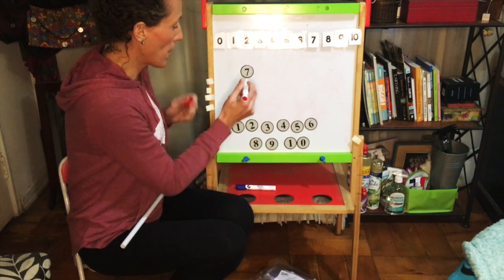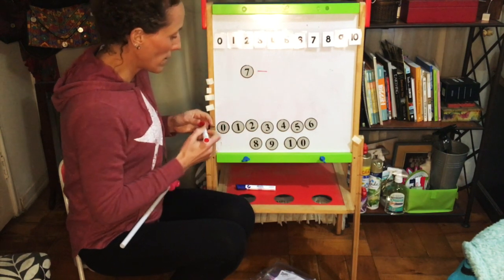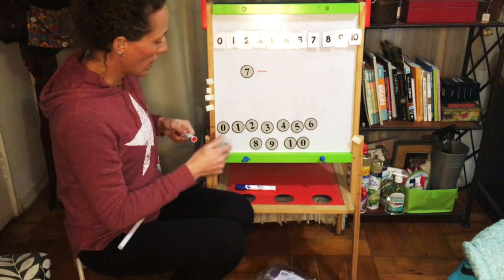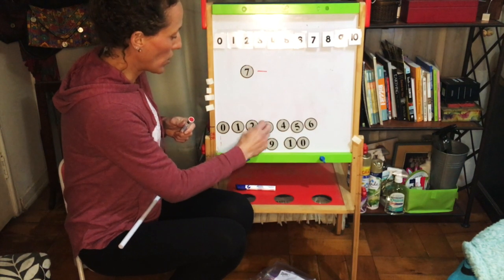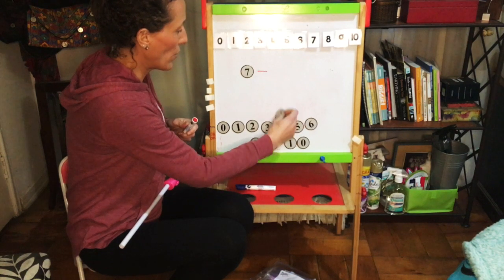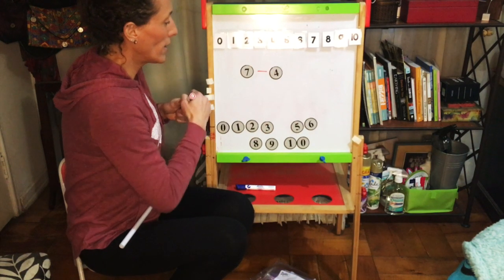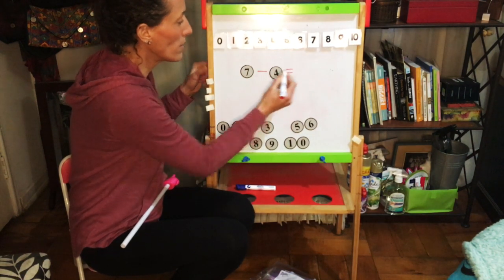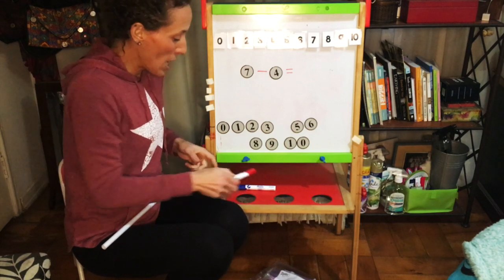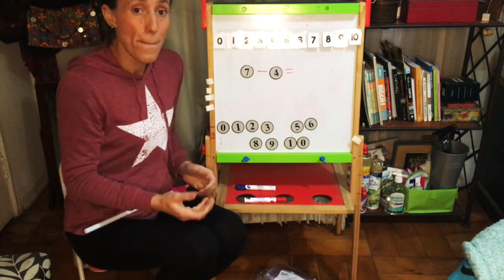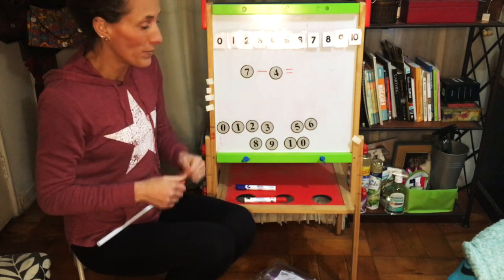7 minus 4 equals, I don't know. We're going to find out by counting back.